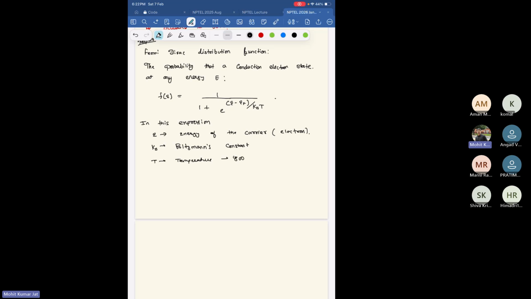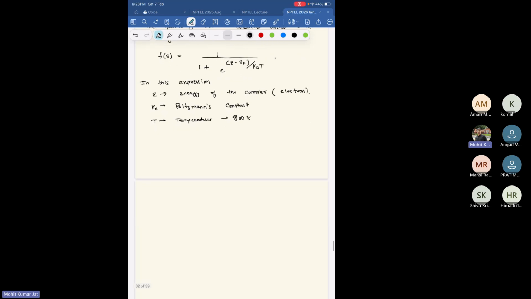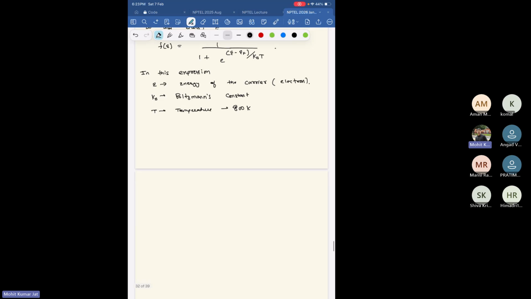Always remember that the temperature you use is always in Kelvin, not in degrees centigrade. If it is in degrees centigrade, add 273.15 to convert it to Kelvin, or if it is in Fahrenheit, convert it to Kelvin. Always convert your temperature to Kelvin, because 0 degrees centigrade is actually 273 Kelvin.